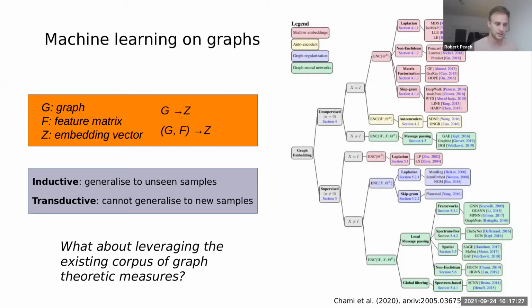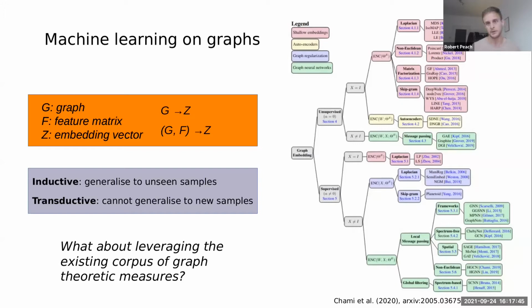So what I mean by this is that they assume that neighbors in your graph are likely to be similar to each other and therefore should be similarly classified. And these assumptions aren't necessarily correct.